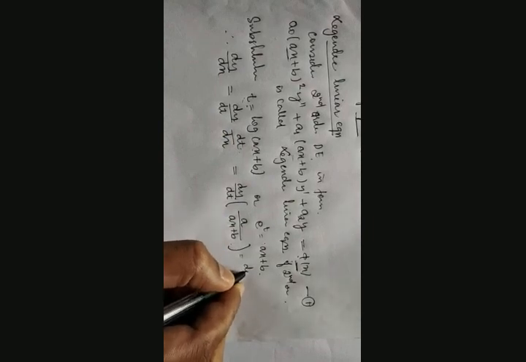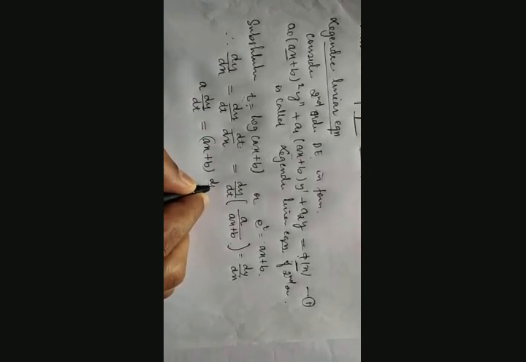So this is nothing but dy by dx. Therefore, if you take a cross multiplication, we will be getting a into dy by dt is equal to (ax plus b) into dy by dx. Now we will be taking a few notations.